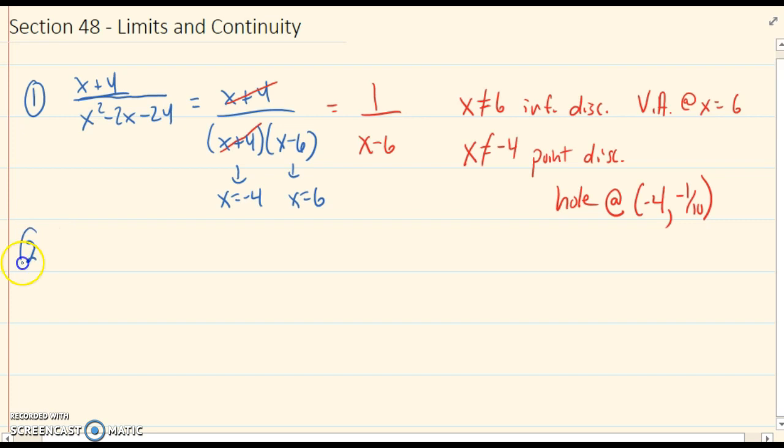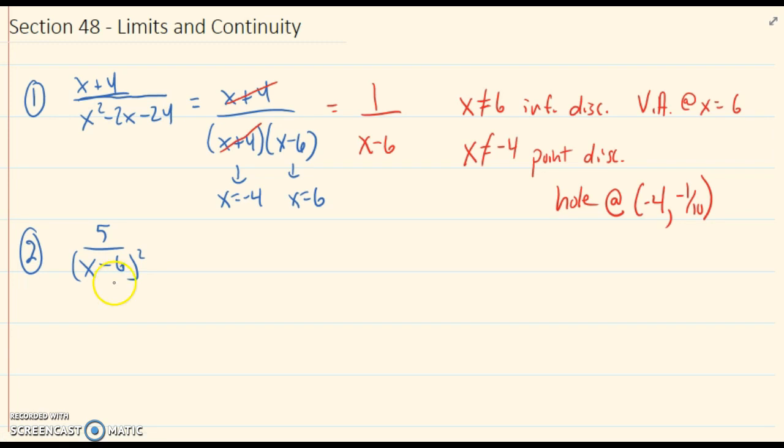Let's try another one. This one we're going to do 5 over x minus 6 squared. Here there's really no factoring or anything to do. It's already been done for us, so the simplified function is all set. The only thing I need to look for is my excluded value, which in this case is 6. Even though it's squared, that doesn't make a difference for the implications we're looking at today.